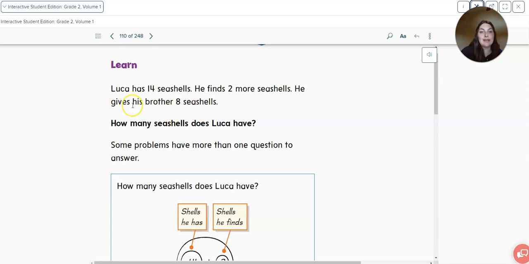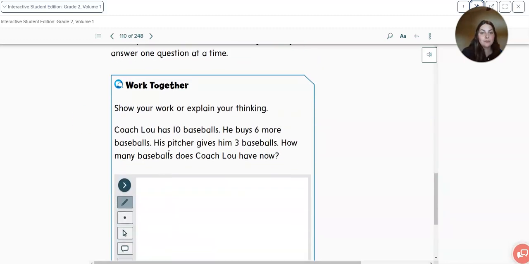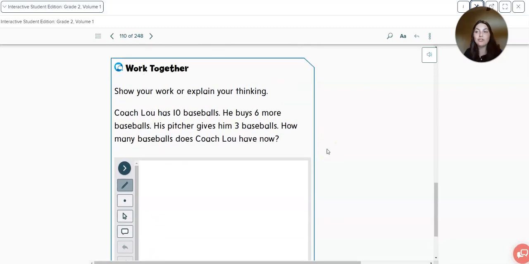And this word gives, he gives his brother 8 seashells. If you give something away, they're no longer yours. So we are taking them away, and take away, we would subtract. Okay, so we're going to do this one together. All right, I will show you, and then you will continue your work in your book.